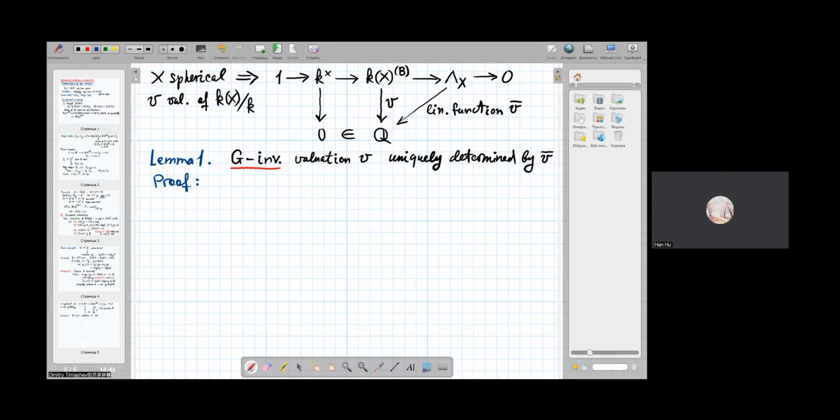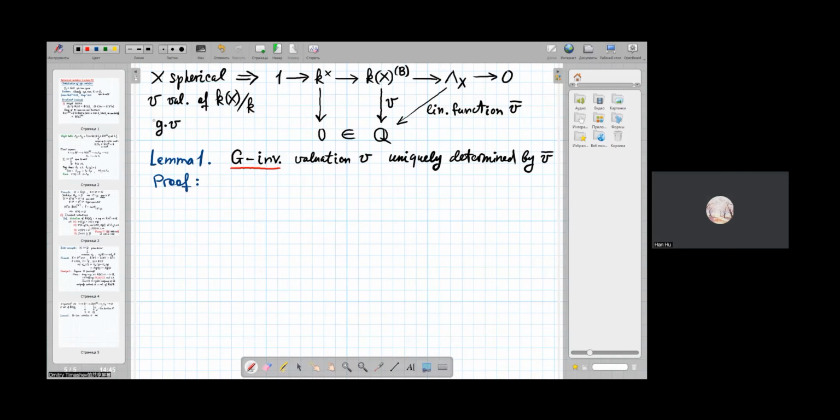So what's the action of the group on valuations? Well, as usual, the group acts on functions. The group acts on X, and therefore the group acts on functions. And since it acts on functions, it acts on functions on functions. So a valuation is a function defined on the set of functions, and the action is transferred to this set as well. I can write it explicitly.